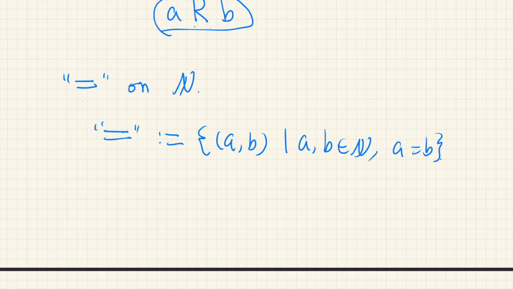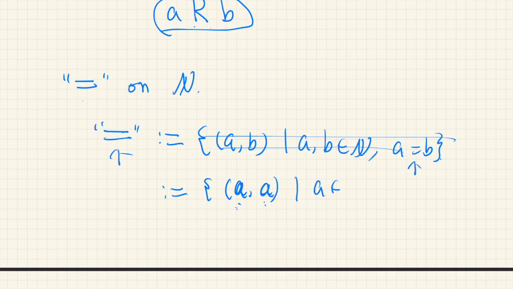Of course, we are now trying to define this relation, so maybe it's not a good idea to write it like this. Instead, we write (a, a), so we repeat the same element twice in a pair, where a is any element of the natural numbers.